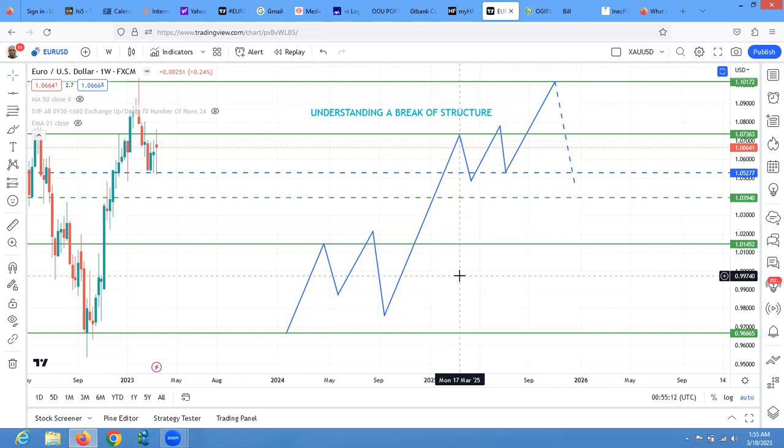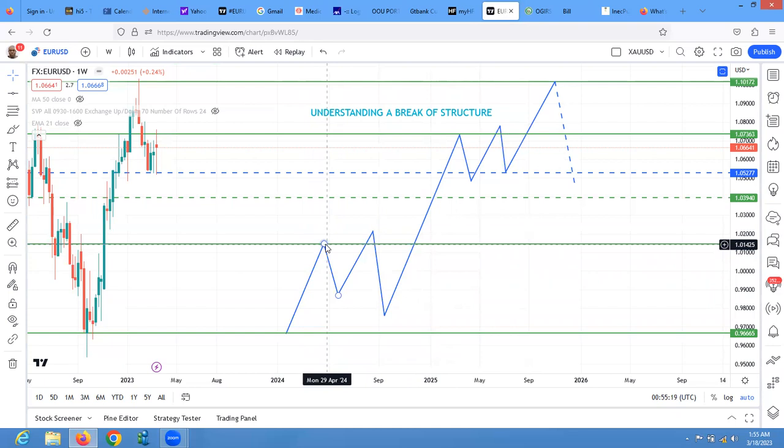Now, wave 1 is a structure. Wave 2 is a structure. Wave 3 is a structure.